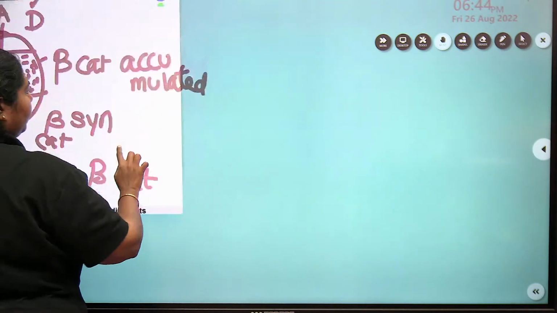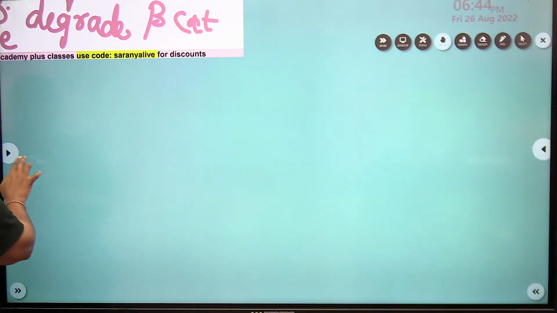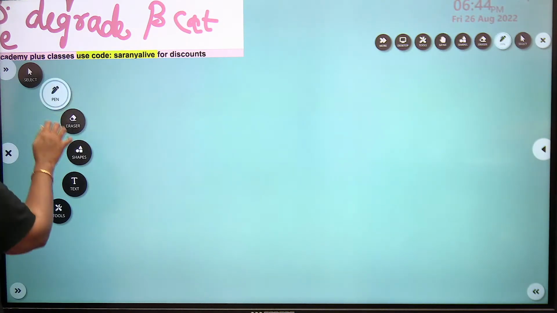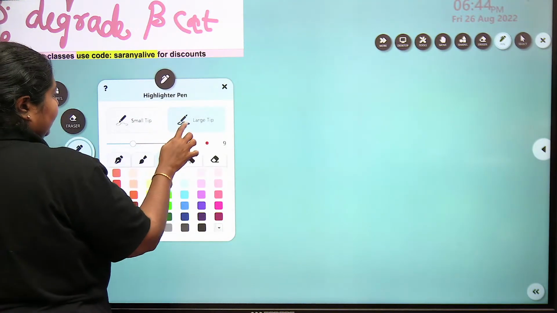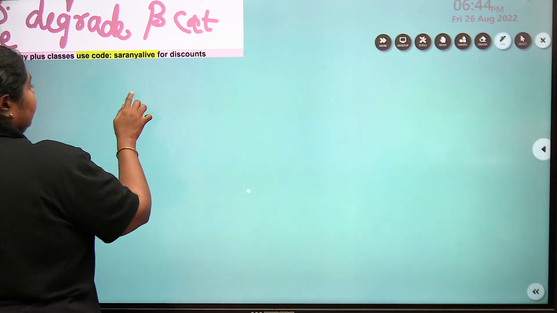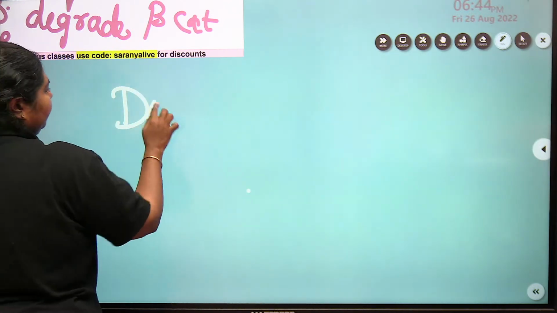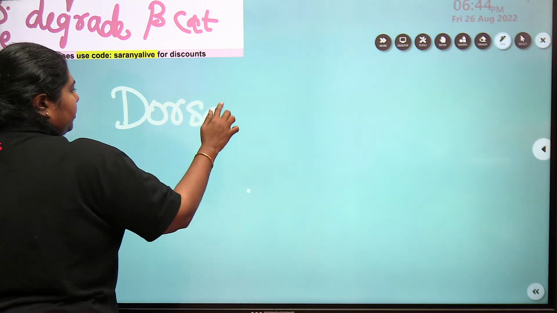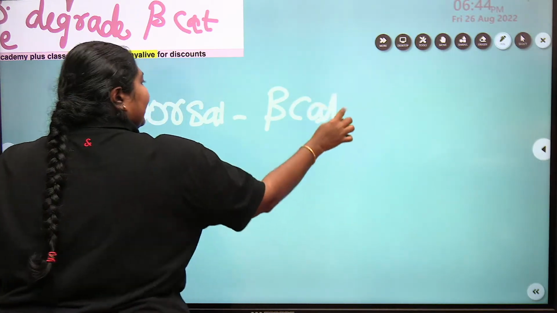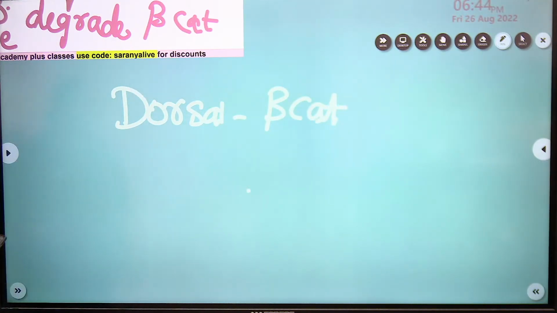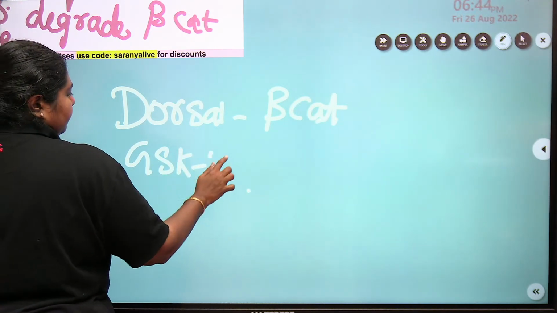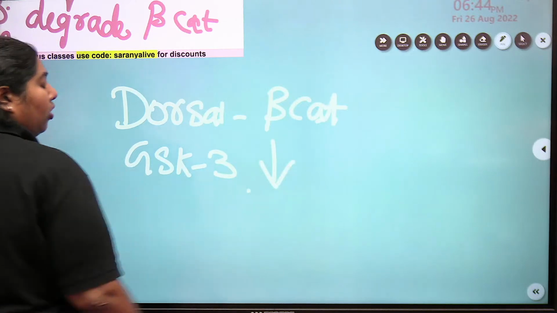Okay, so let us see that in your dorsal region, beta catenin is there. So what will happen to the level of your GSK3? It should be low.